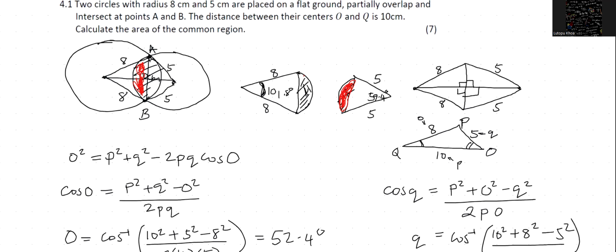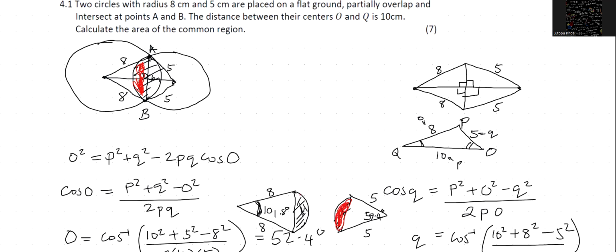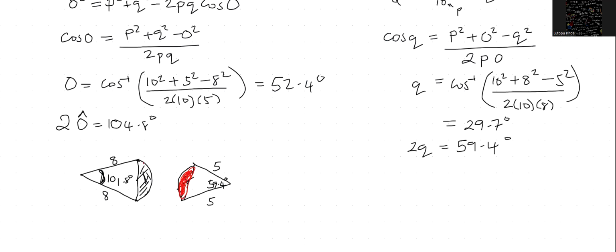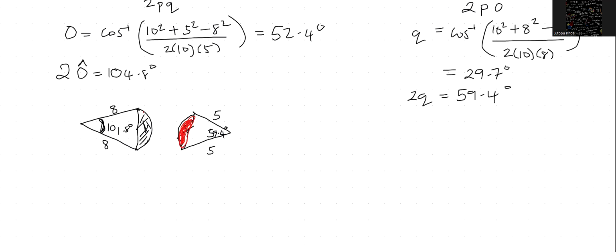All right, now to find the shaded area, we need these two angles to be in radians.